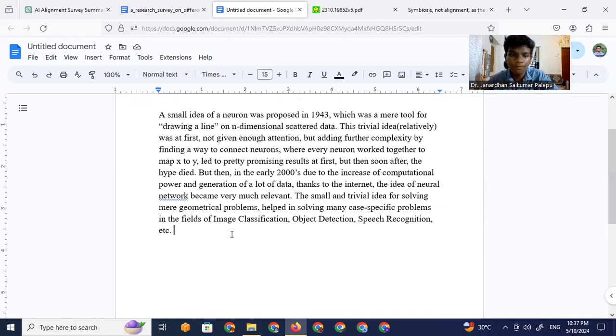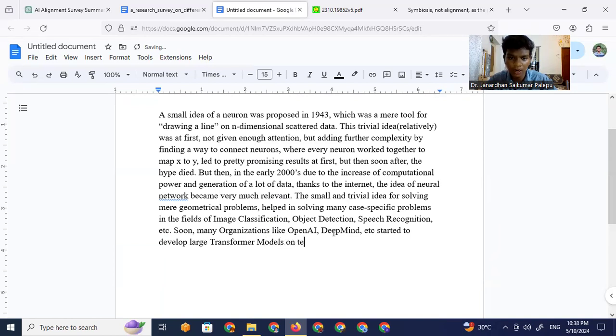Soon, many organizations like OpenAI, DeepMind, Google DeepMind, etc., started to develop large transformer models on textual data.